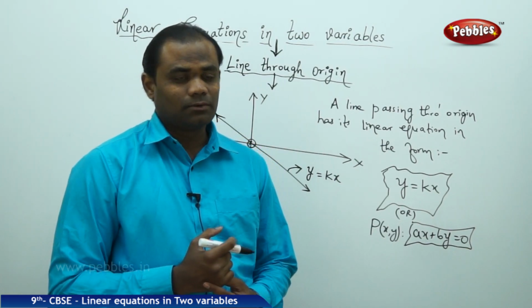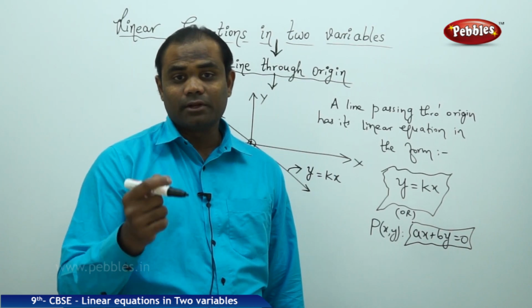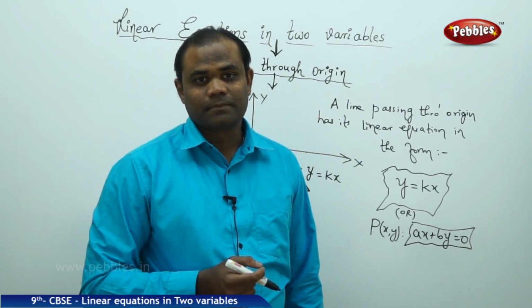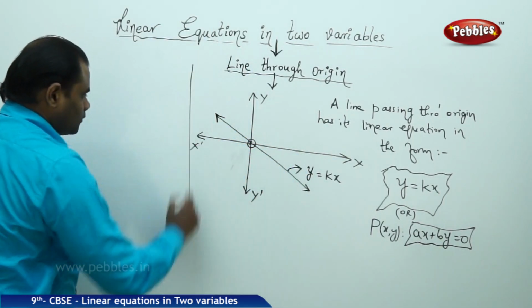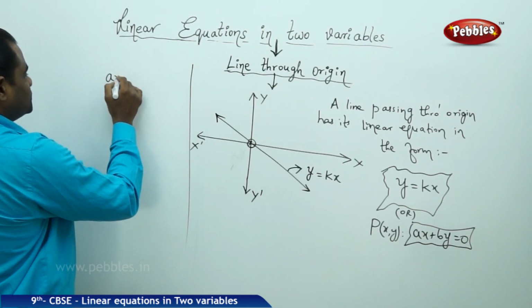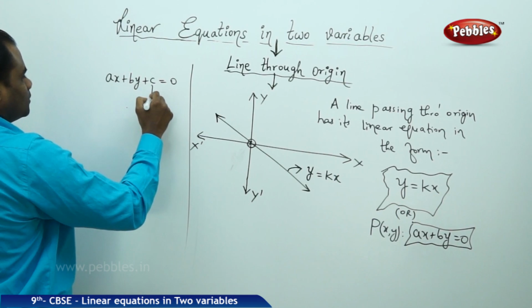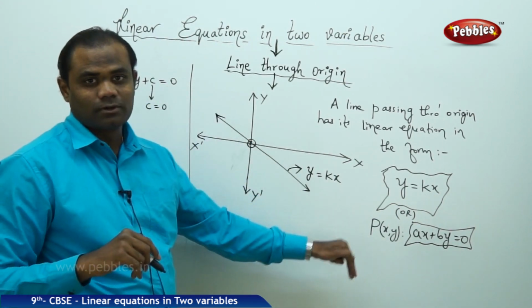The learning outcome here is that when a line or a linear equation passes through origin in the xy coordinate system, its constant value vanishes. Therefore, if I have the general linear equation ax plus by plus c equal to 0, this constant vanishes when it passes through origin.